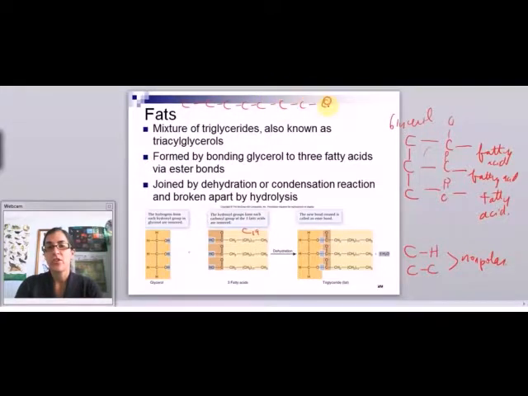I'll show you what I mean. See, 1, 2, 3, 4, 5, 6, 7, 8, 9, 10, 11, 12, 13, 14, 15, 16, 17, 18, 19. So it's a very, very long series of carbons, and the majority of the molecule, this very long part here, is hydrophobic.